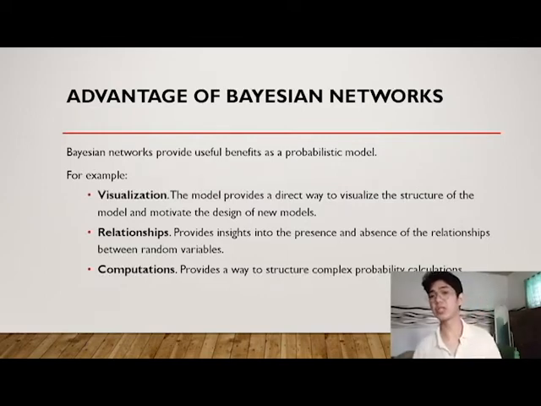And when it comes to relationships, a Bayesian network provides insights into the presence and absence of relationships between random variables, so you can easily see the absence of a relationship between variables. And next is computation. In a Bayesian network, it provides a way to structure complex probability calculations.